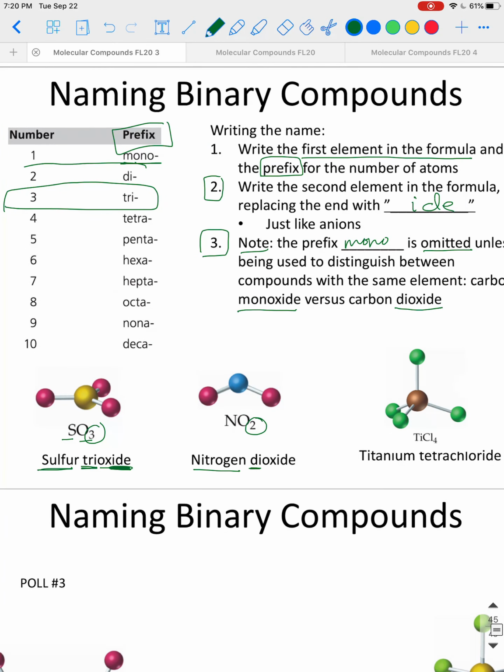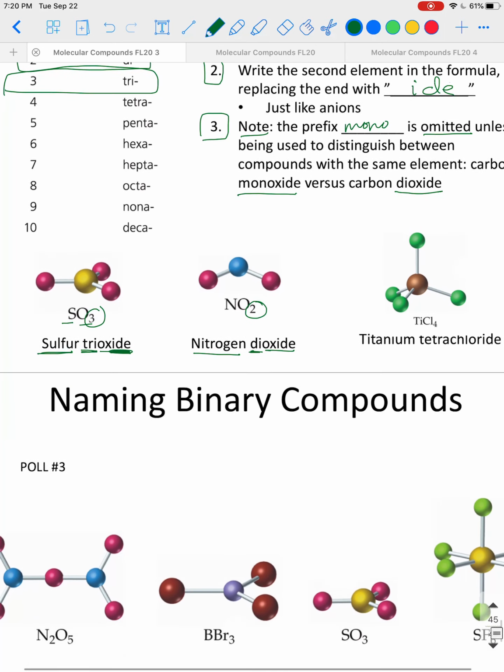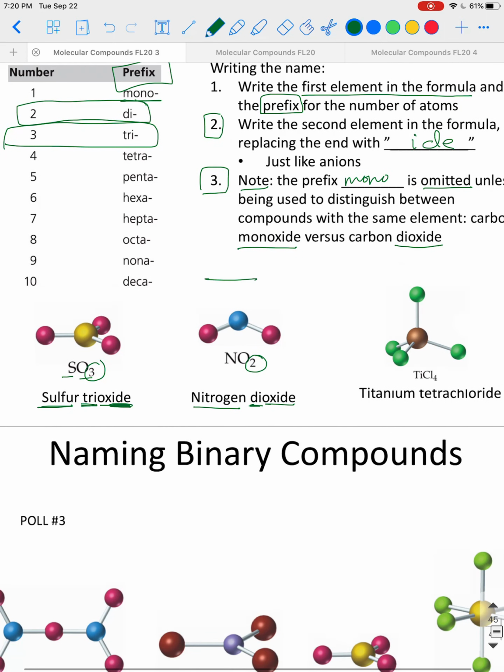So what's the prefix for 2? It is di. So we say prefix, and then we name the second element. Here it's oxygen, but we change the ending to IDE. So to kind of give you the formula, I like to always write this for students. You do the prefix for the first element, and then the element name.